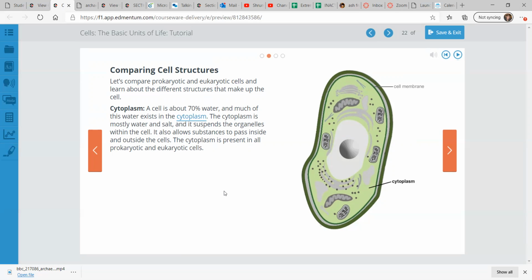It also allows substances to pass inside and outside the cells. And it's present in both prokaryotic and eukaryotic cells. And if you click on the word, it just tells you a mixture of water and salt that suspends the organelles. So the organelles are just kind of floating around in the cell in this cytoplasm.